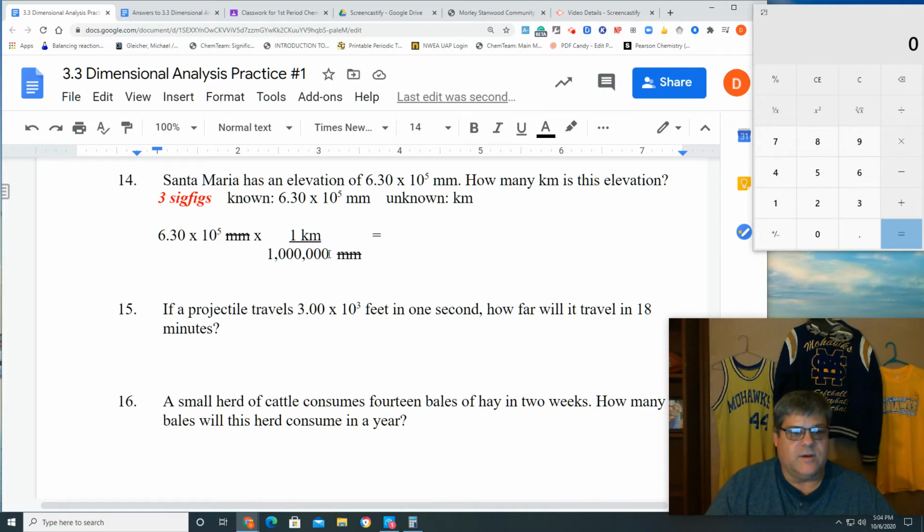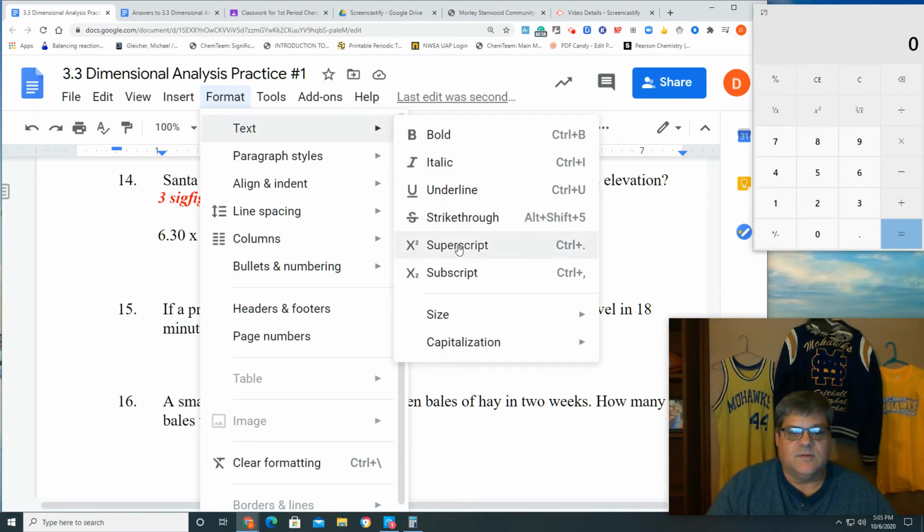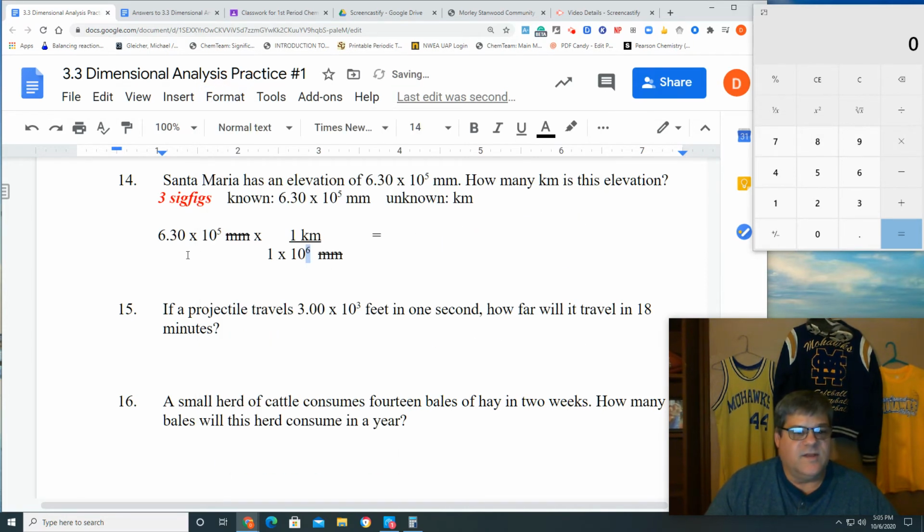So let's put this in scientific notation. So let's say this is 1 times 10 to the 6th.